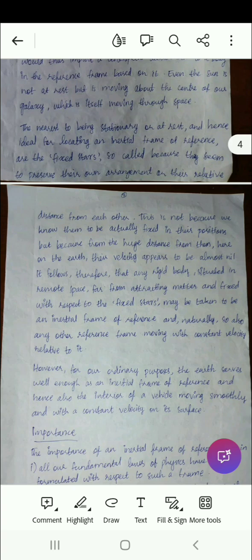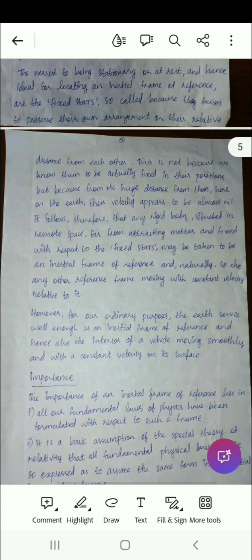So called because they seem to preserve their own arrangement or their relative distance from each other. This is not because we know them to be actually fixed in their positions, but because from the huge distance from them, here on the earth their velocity appears to be almost nil.